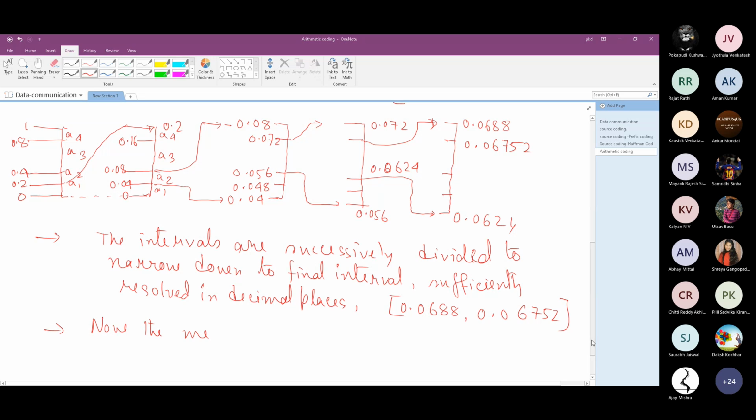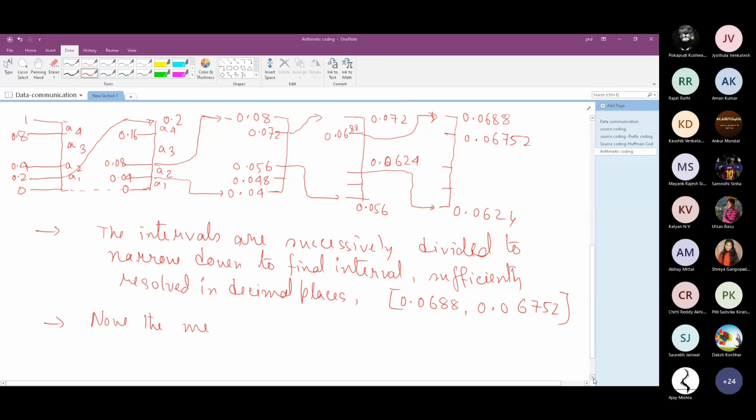This one is 0.0688. So between this interval, any number can be chosen.